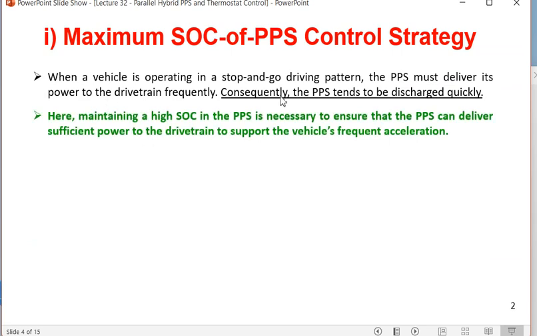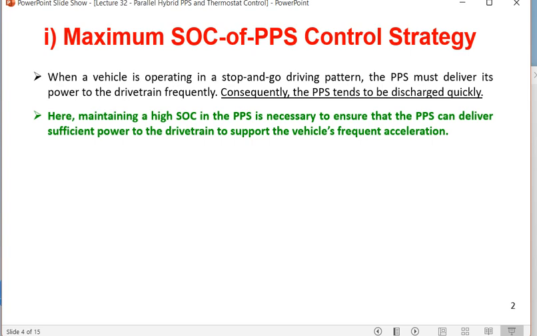It is saying that when the vehicle is operating in a stop and go driving pattern within the city, the PPS must deliver its power to the drivetrain frequently, and in this process the PPS gets discharged. So whenever you are driving through the city, at that time more than the engine, the battery source delivers the power to the final drive element, because the stop and go kind of driving characteristic is better suited to the battery than the engine, because starting and stopping of the engine itself is a very big job, and the engine has much more inertia than the battery.